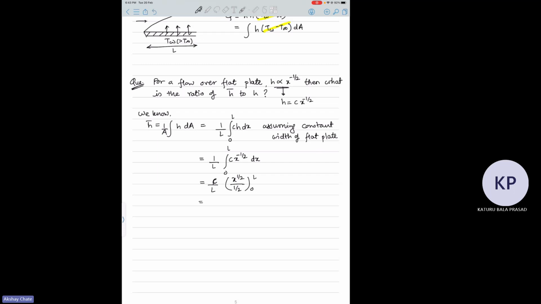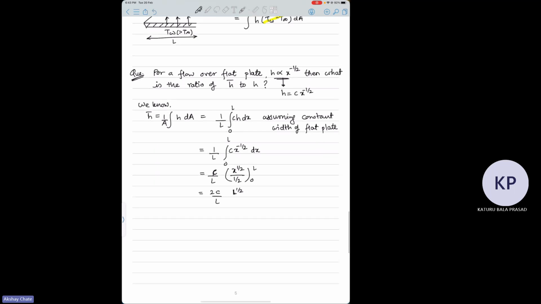So now you have c by L. This is your L by 2. So basically your square root of L, and divided by 1 by 2, this becomes 2. So essentially you have 2c by root L. Am I correct?